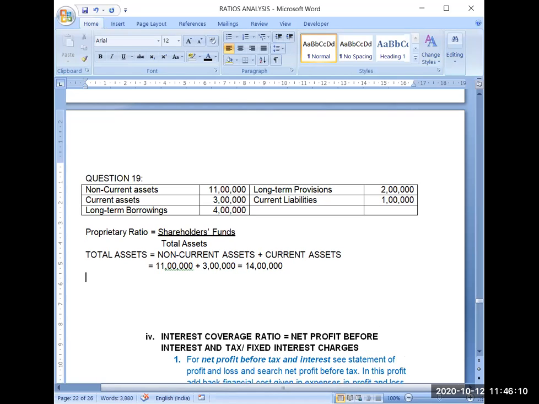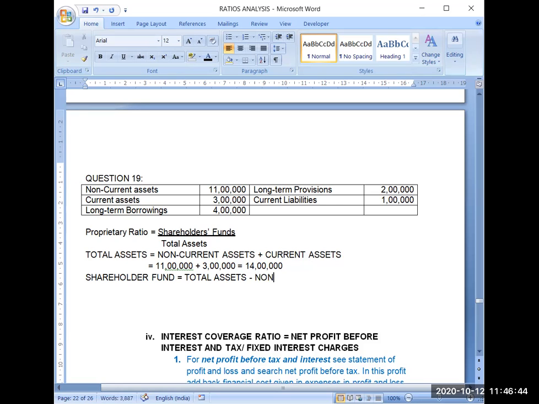Then next you have to calculate the shareholder fund. Now formula for shareholder fund will be automatically: shareholder fund is equal to total assets minus, no, total assets minus what? I will deduct the long-term borrowings and long-term provisions and current liabilities. Obviously, the remaining will be the shareholder fund.